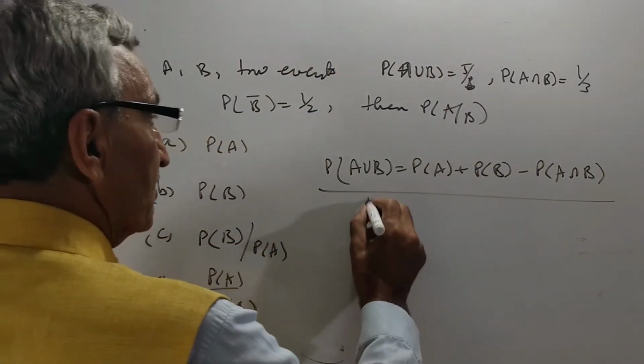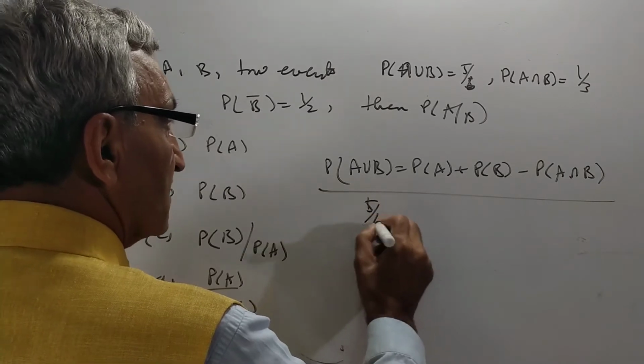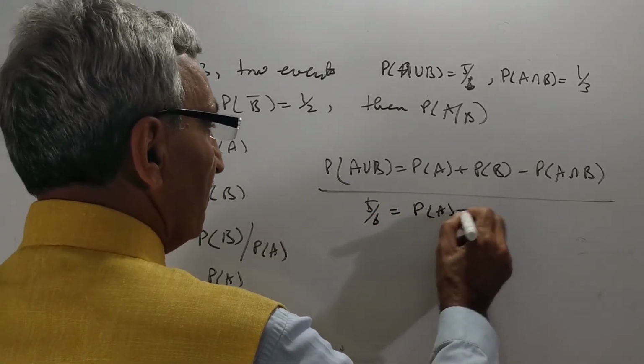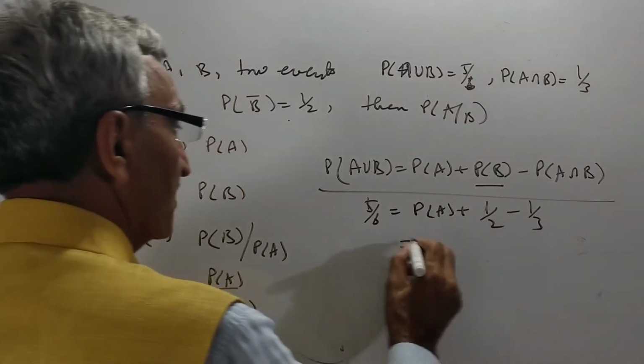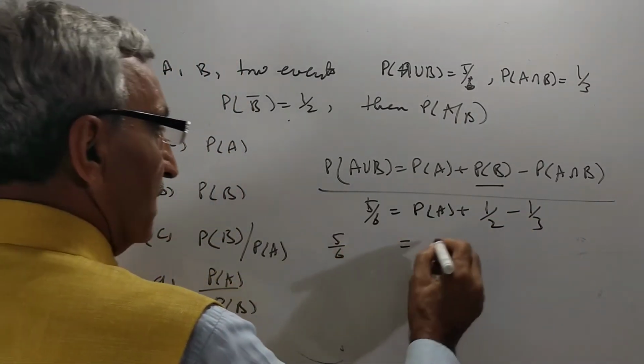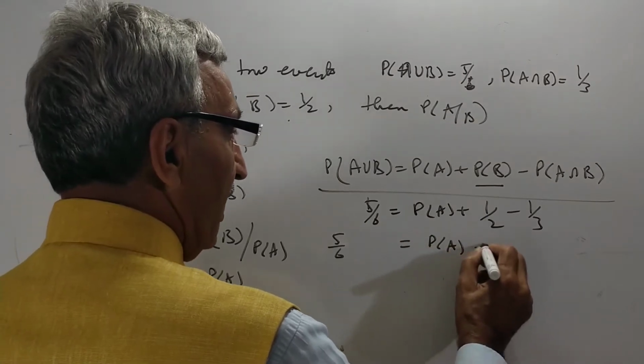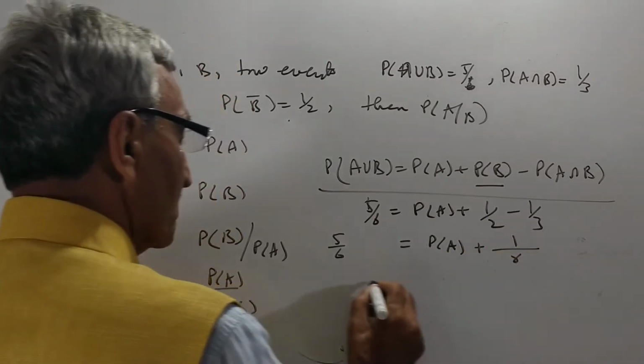So these values given: 5 by 6 equals probability of A plus probability of B minus 1 over 3. Probability of B is half.